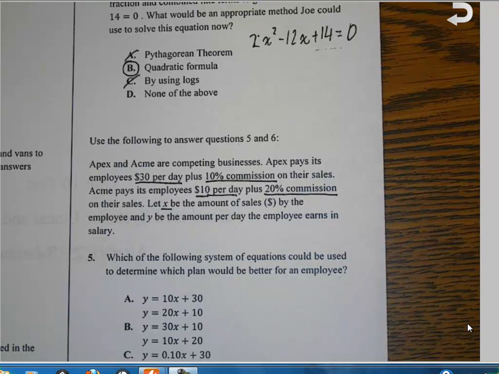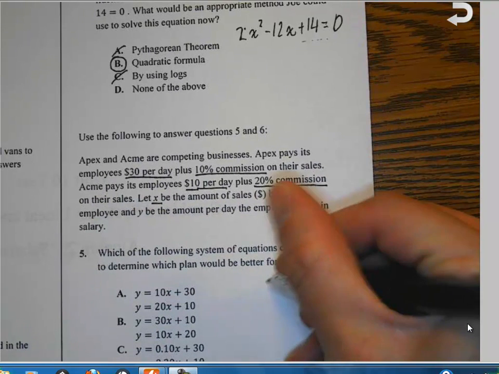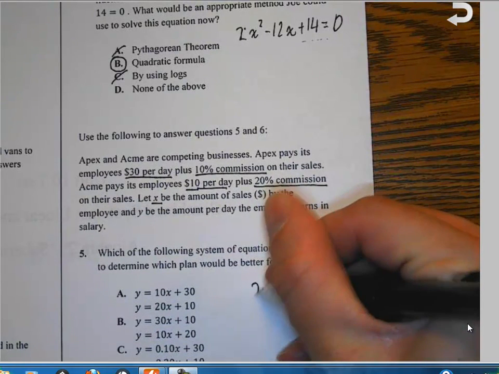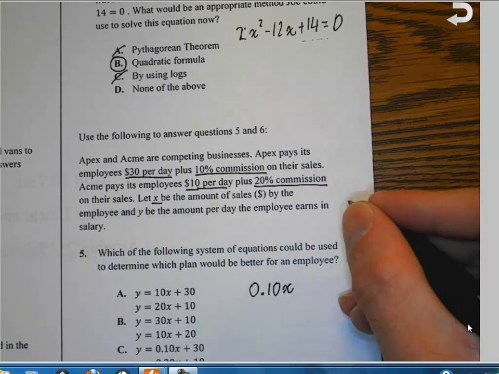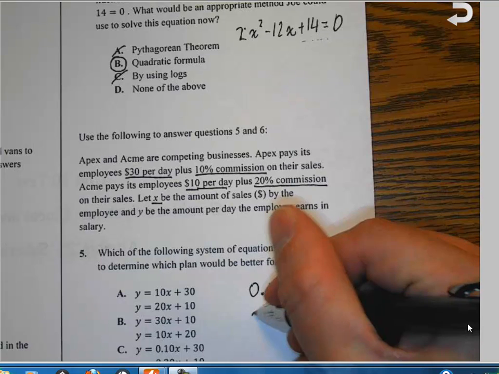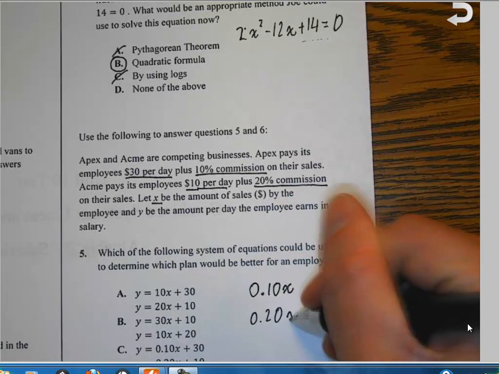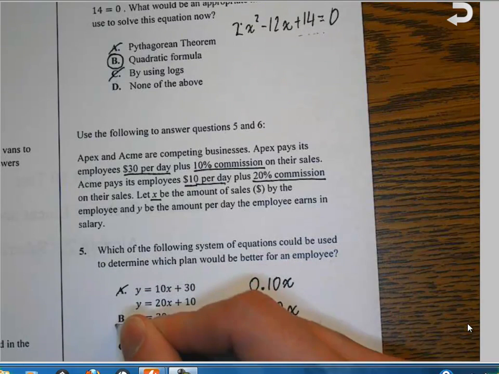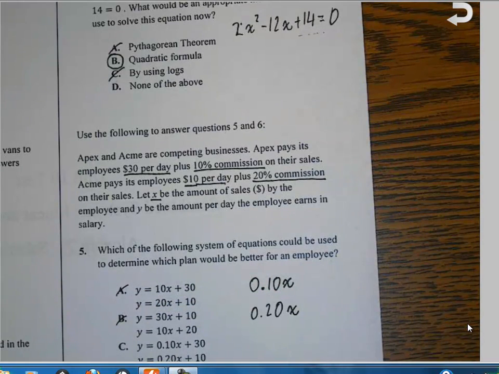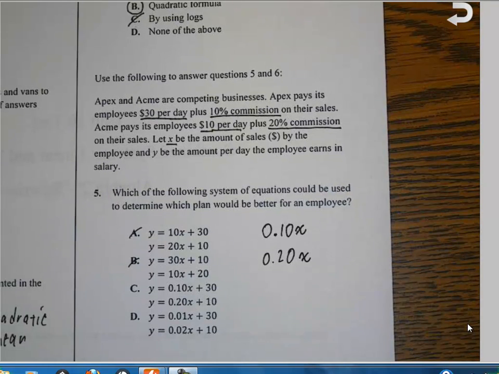Now immediately you can eliminate from consideration those that do not correctly depict percentages. 10% of the sales would be 0.10x, or just 0.1x, and 20% would be 0.20x. This immediately eliminates answer choices A and B from consideration because these do not have the appropriate decimals.